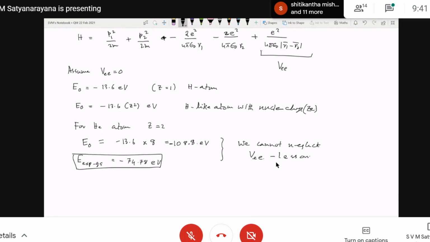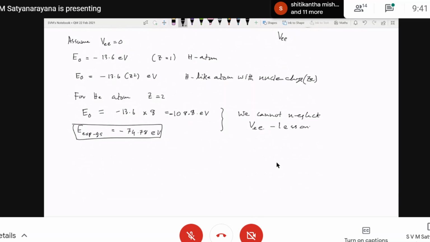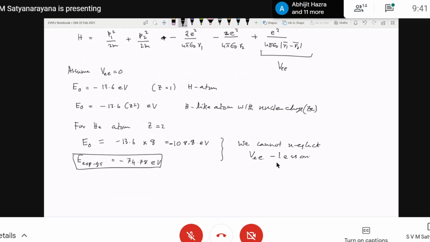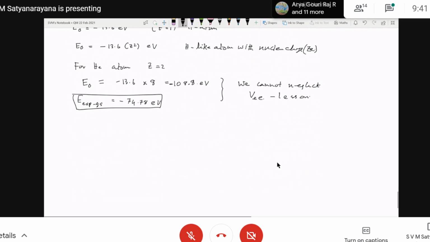Now, what you can do is, if your VEE is equal to 0, then you can have your psi of R1 comma R2, a 2-particle wave function, written as some constant into e to the minus 2 (R1 plus R2) divided by 2.